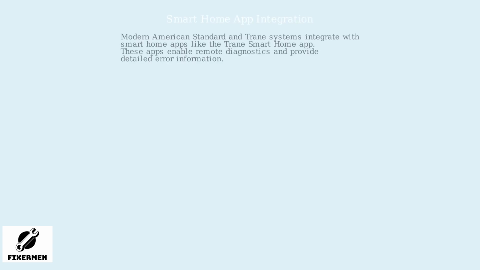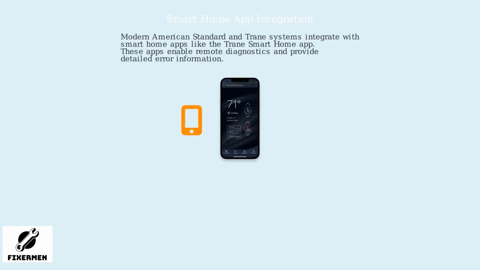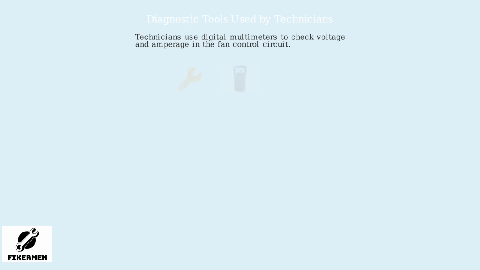Modern American Standard and Trane systems often integrate with smart home apps like the Trane Smart Home app. These apps allow remote diagnostics and can provide detailed error information. Technicians also use tools like digital multimeters to pinpoint the exact cause of the 240 error.